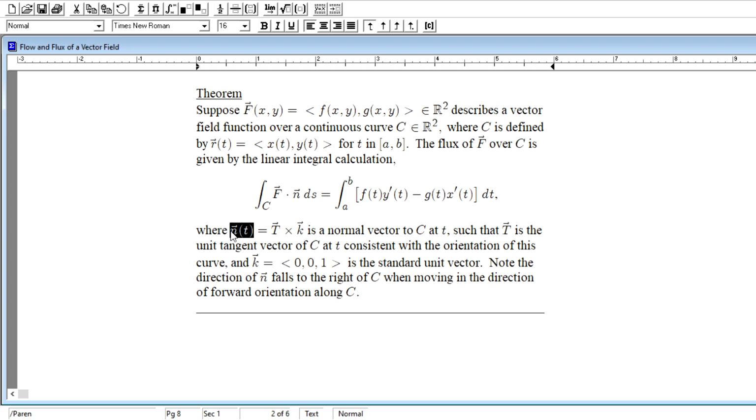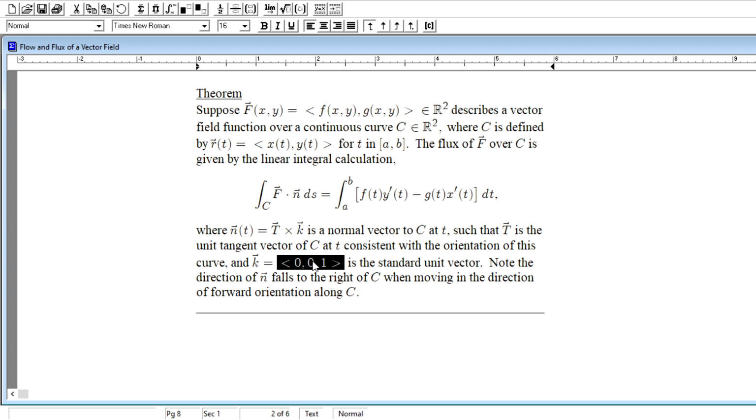What direction it describes does follow the right-handed rule, where if I was to place my hand on the plane including the unit tangent vector and the standard unit vector pointing up along the positive z-axis, and curl my fingers from T bar to K bar, my thumb will point in the direction of little n bar here, right?